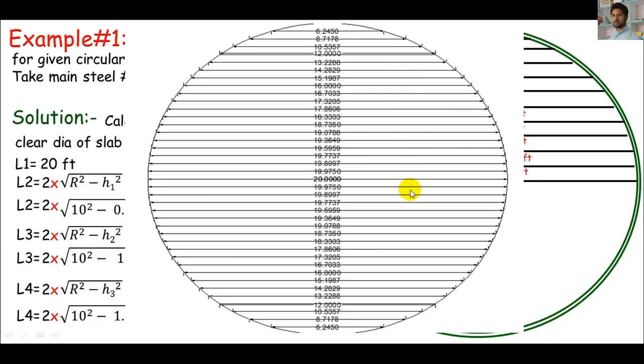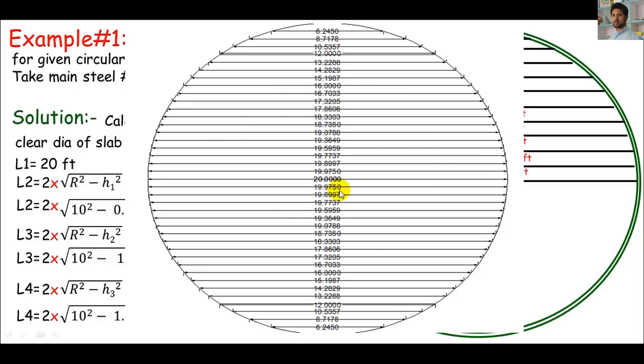If the bar's diameter and the spacing are the same, you can just multiply these by 2 to get the temperature bars. If the spacing and diameter are different from the main bars, of course the method is the same, just use the same formula. But in the example, we were asked to calculate main bars only.